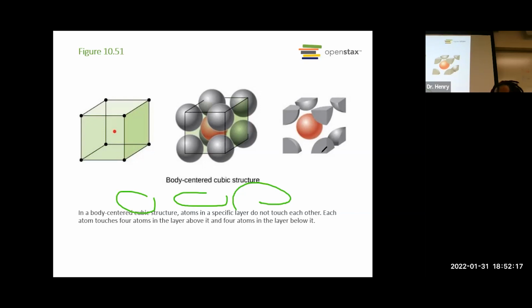So if we were trying to measure the length of the sides, it's going to be a little bit harder. We could actually use that diagonal, going from one end to the other end. So this would be the radius, this would be the diameter, and then that would be a radius.